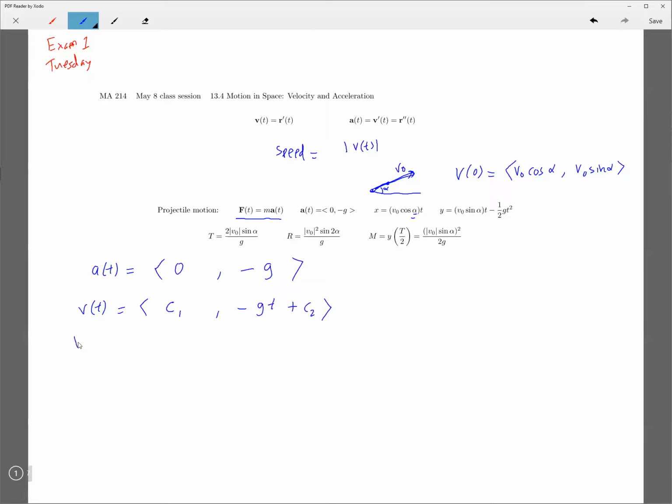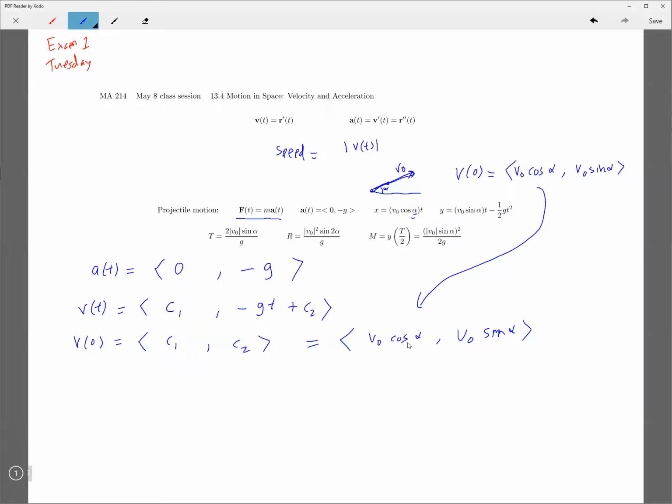Okay, so V of 0 is going to be C1, and then you put a 0 in here, you get C2. But that's also going to be this right here. So that's just like the problem we just did.